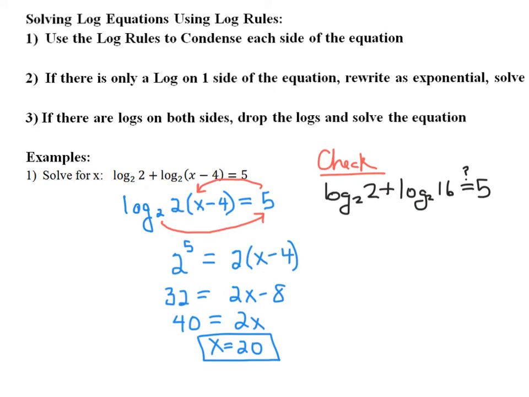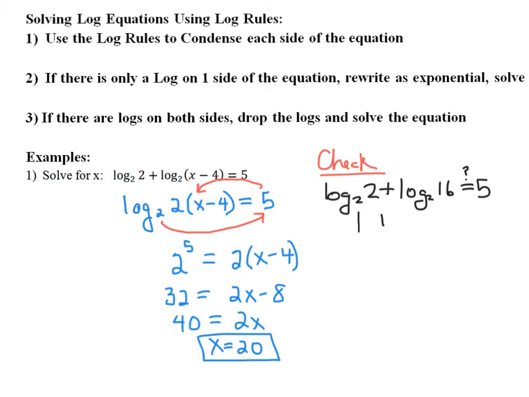In the case of the first log, log to the base 2 of 2 means what do I have to raise the base of 2 to get the argument of 2? And of course I know that that exponent has to be a 1, so the answer for the log is 1. For the second one, what do I have to raise 2 to get an answer of 16?